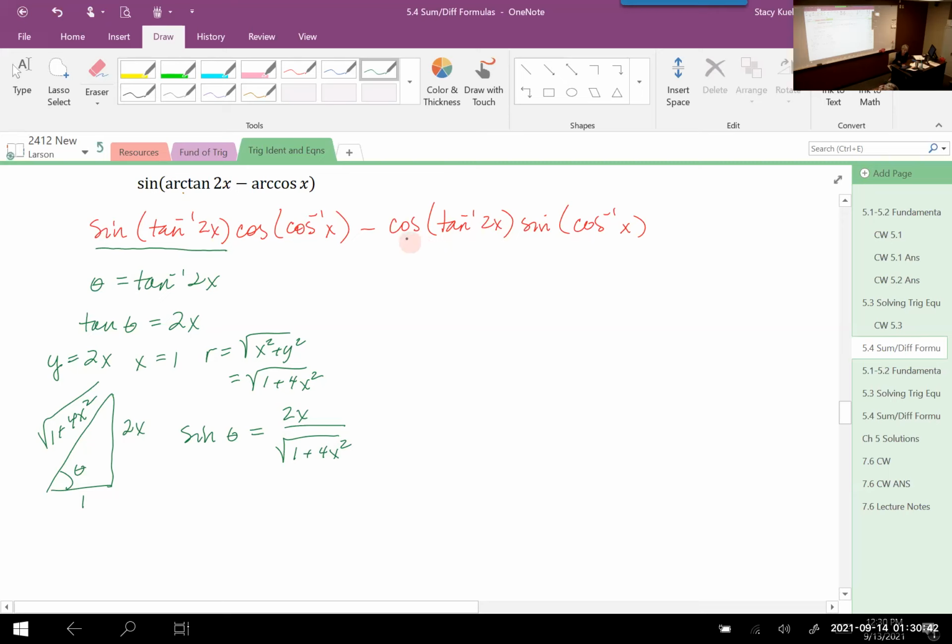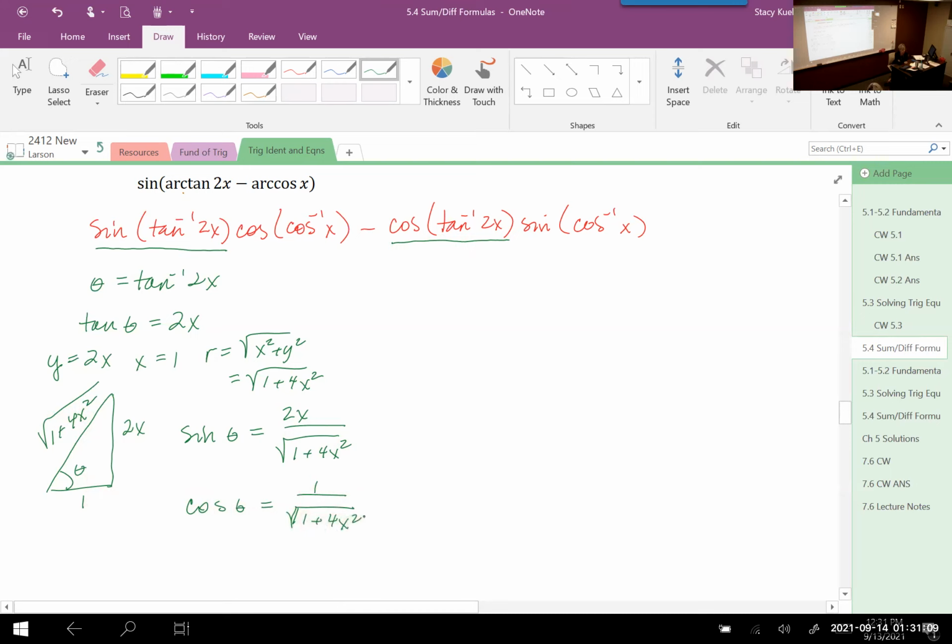Now I can go back to what I'm looking at up here, and I'm eventually going to need to know the cosine of the inverse tangent of 2x, right? So cosine of theta is defined as adjacent over hypotenuse. So it'd be 1 over the square root of 1 plus 4x squared.